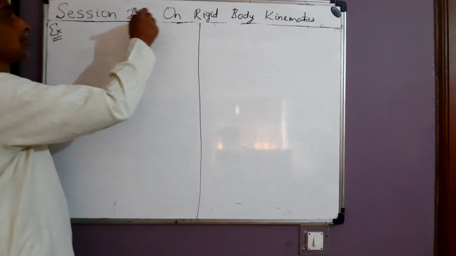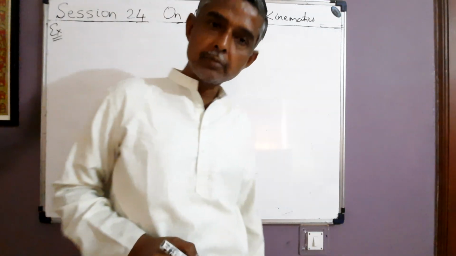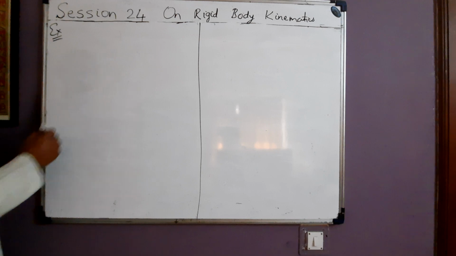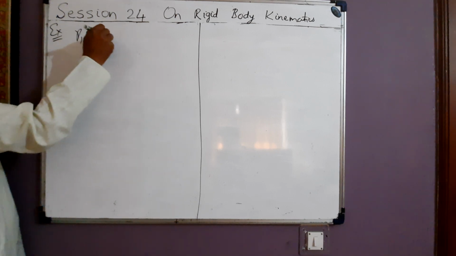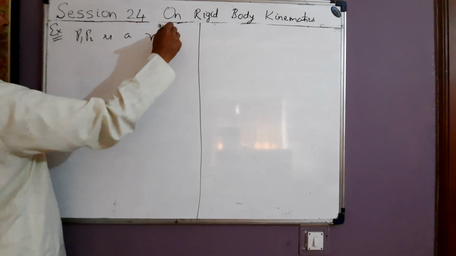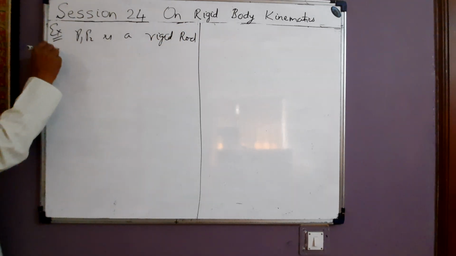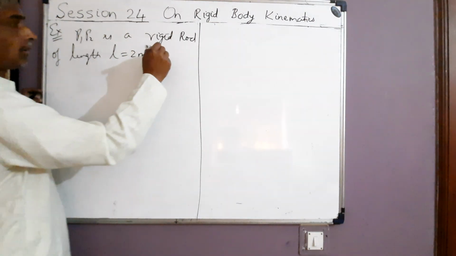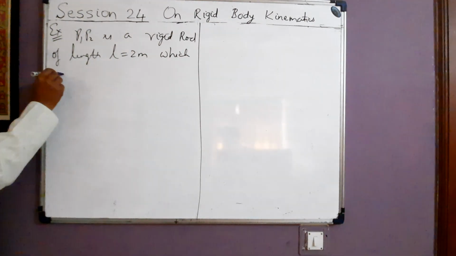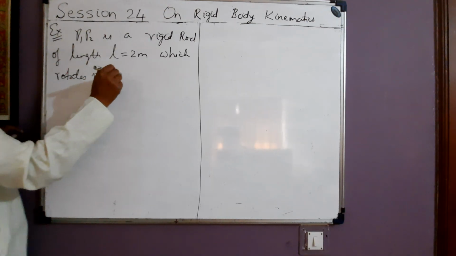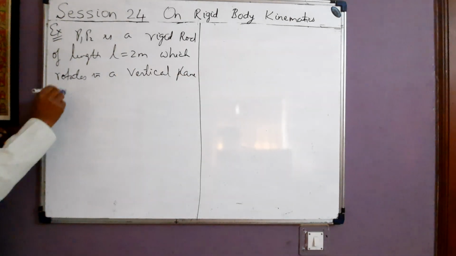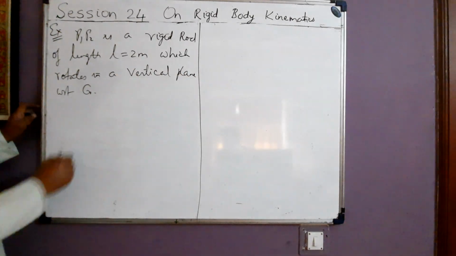P1 P2 is a rigid rod, in meters, which rotates in a vertical plane with respect to ground, G for ground.